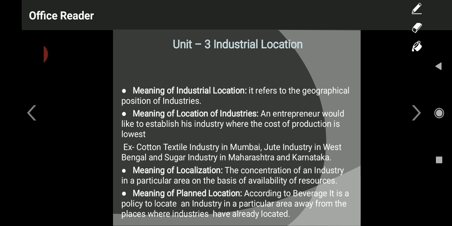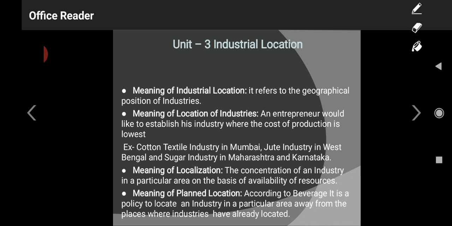It means if other industries are located earlier, they are going to change the location. They are going to deviate from that place to other places. That means they are going to plan. Before locating an industry, entrepreneurs are going to plan. What kind of plan are they having? They plan to have a look at the surrounding place of the location.